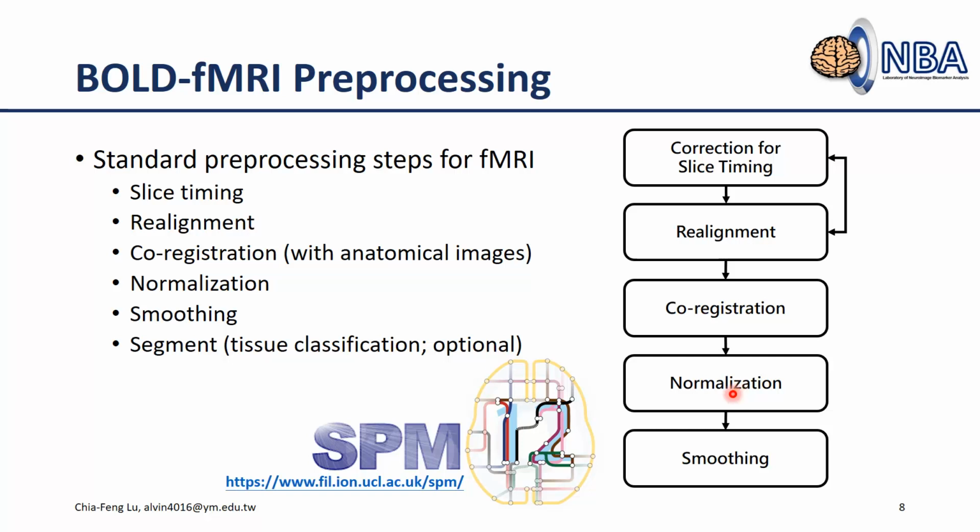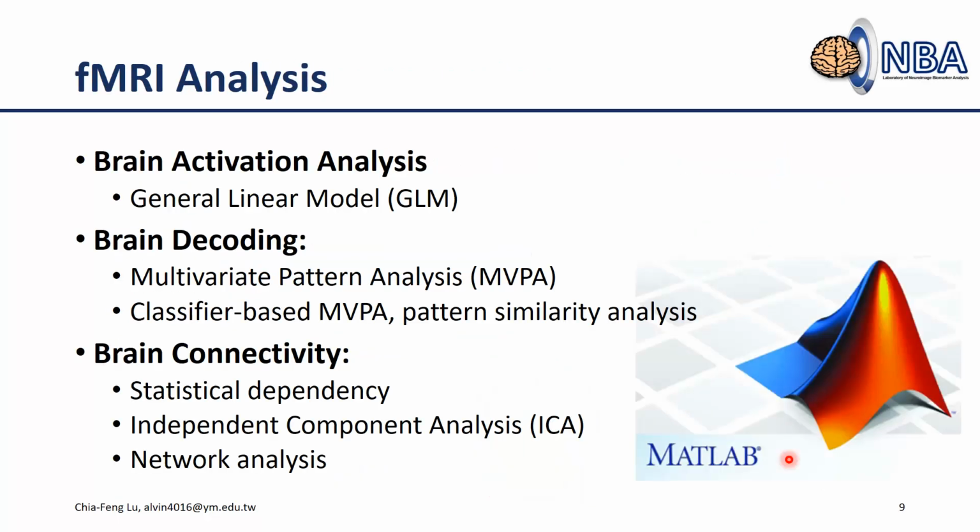This is the so-called spatial normalization, not signal intensity normalization, but spatial normalization. And the final one, smoothing. It will reduce the spatial resolution further, but it will help us improve the signal-to-noise ratio. It is a key step for reducing noise interference. I will introduce this in one of the weeks, so don't worry about it.